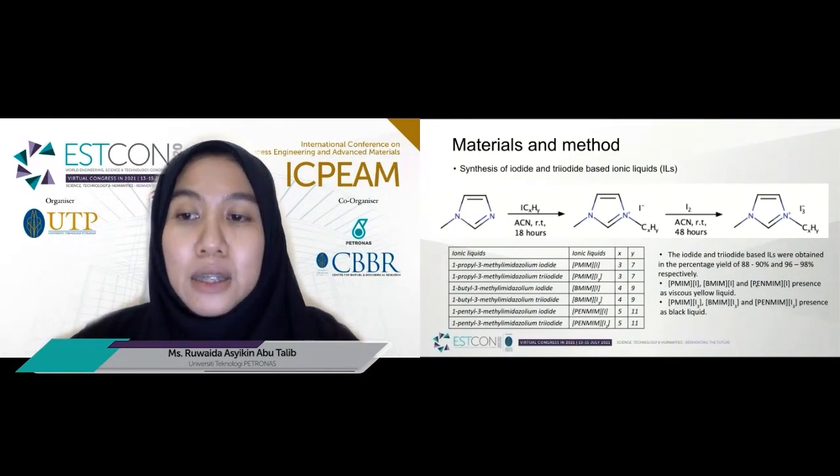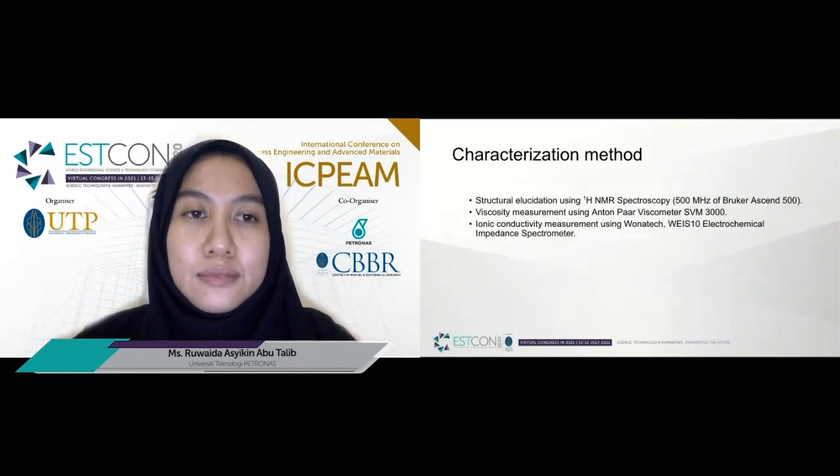All iodide-based ionic liquids present as viscous yellow liquid, whereas all triiodide-based ionic liquids present as black liquid. All the synthesized ionic liquids were subjected to structural elucidation using proton NMR, viscosity measurement using an Anton Paar viscometer, and ionic conductivity measurement using a Wonatech WIS-10 electrochemical impedance spectrometer.